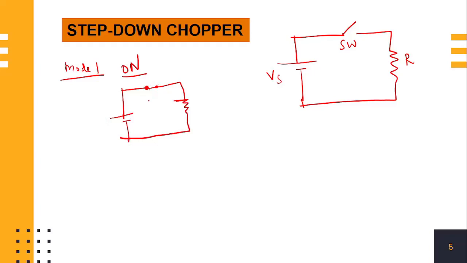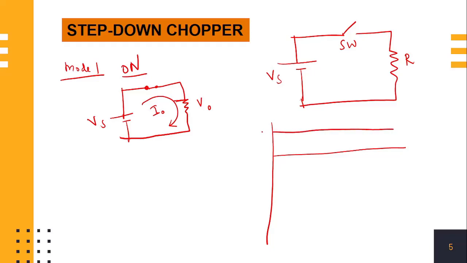When the switch is on, there is a current flow. That current we call I0. Supply voltage is Vs and output is V0. Now we will draw the waveform. This is the input voltage, supply voltage Vs, so the height of this voltage is Vs. On the x-axis we have the time, and then the output voltage V0.